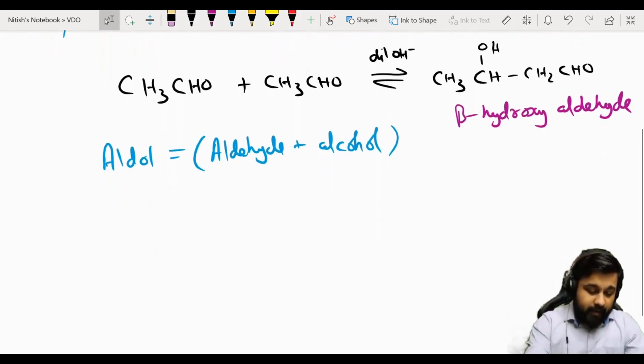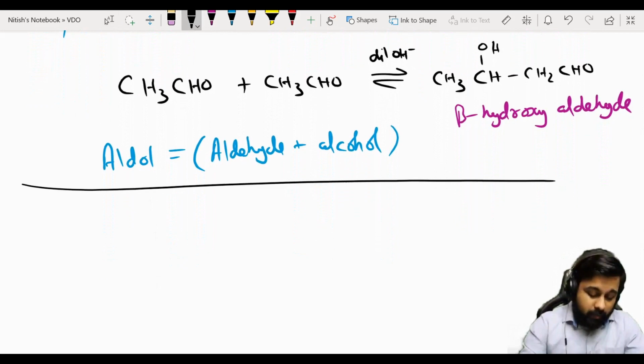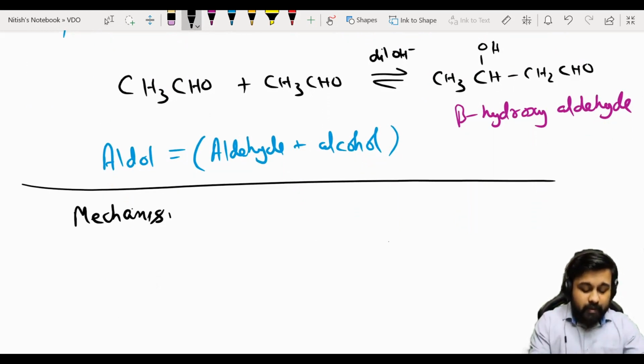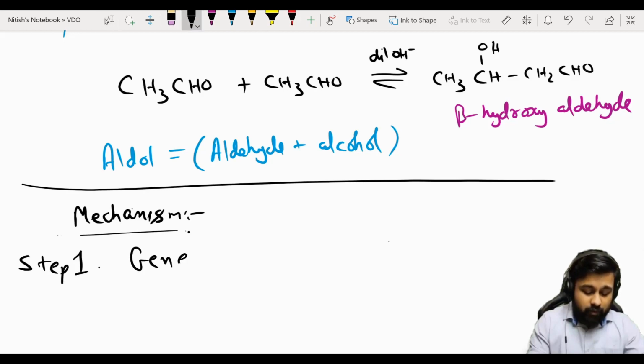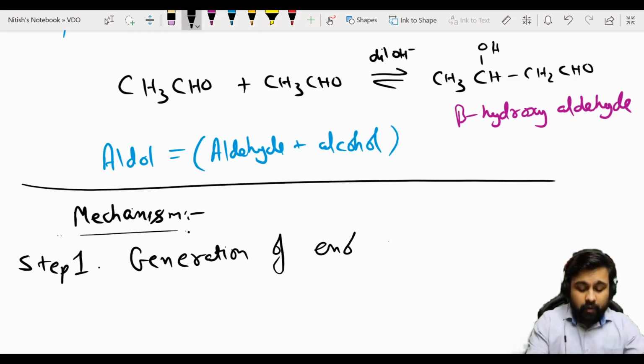What is the mechanism of this reaction? Most importantly, we need to understand the mechanism. Mechanism step 1 is generation of enolate ion.